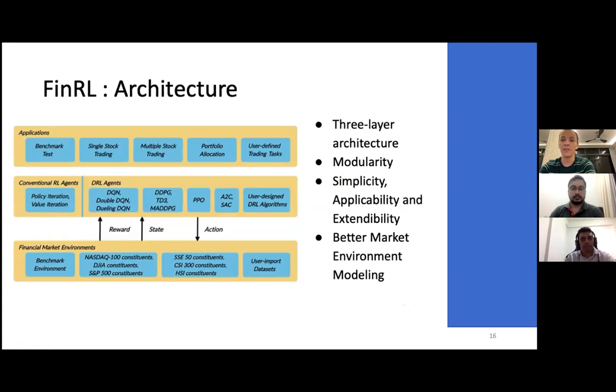As you can see, the library is highly modular. You can take one working model and replace it with different agents. You can use your models in different downstream tasks. Also, you can produce different environments, and therefore it gives better market environment modeling.